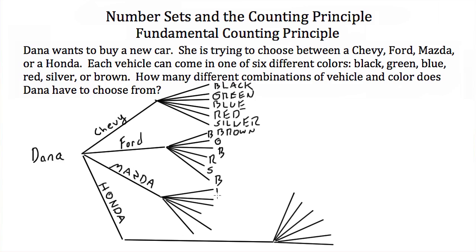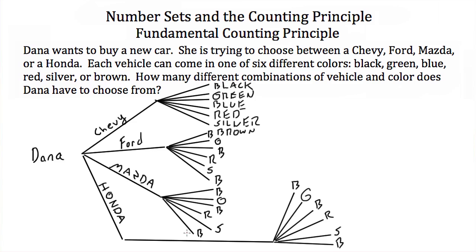And if she chooses the Mazda, she can get a black one, a green one, a blue one, a red one, a silver one, or a brown one. And if she chooses the Honda, she can get a black one, a green one, a blue one, a red one, a silver one, and a brown one.